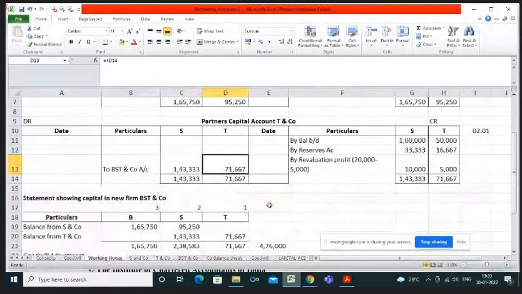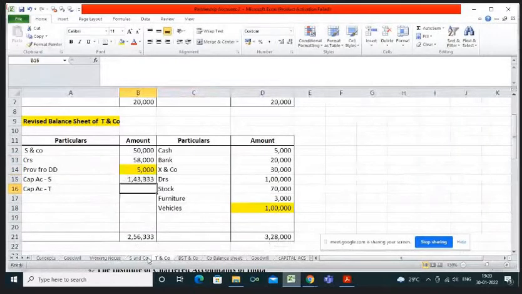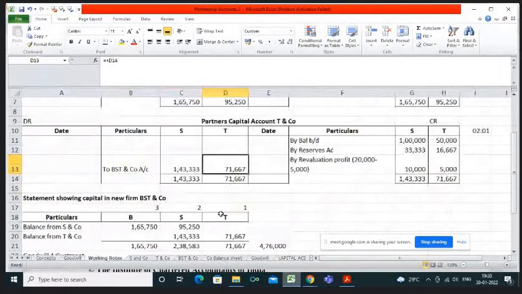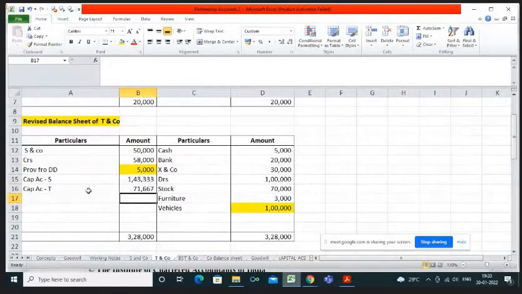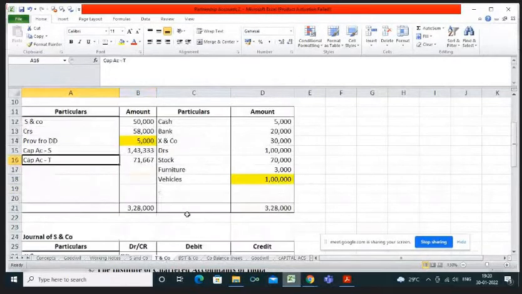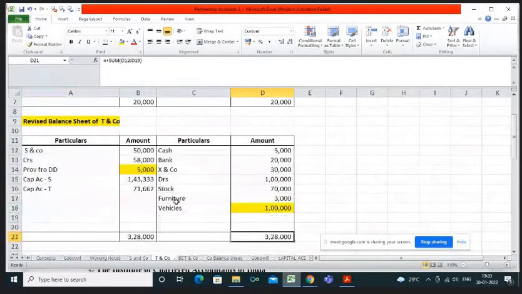Now I have to bring in the capital. 1,43,333 is S's capital, 71,667 is the capital of T. So my revised balance sheet has tallied at 3,28,000 for assets and liabilities.